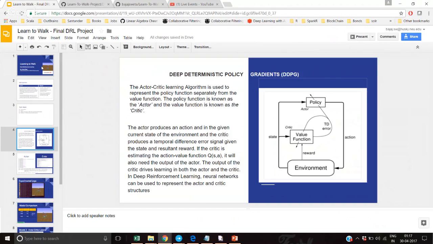The critic gives those q values back, and if there is a termination of the episode, then it would sum up all the q values. It would also look at the q value function for the pelvis angle, or whether it's falling in the 5 seconds or not. So the output of the critic drives learning for both actor and critic in the deep reinforcement learning program.